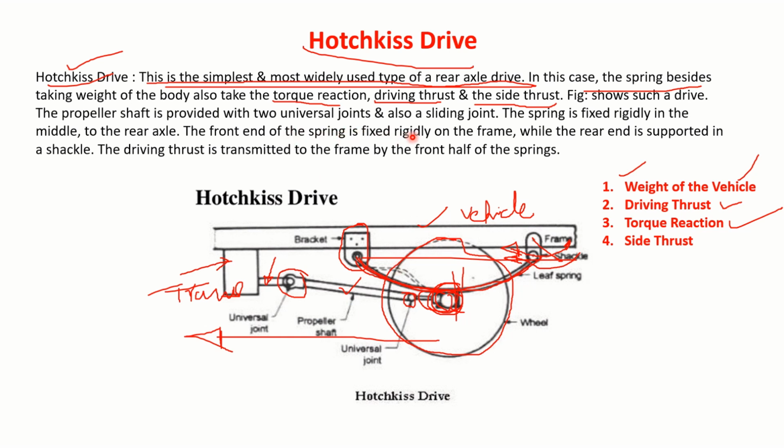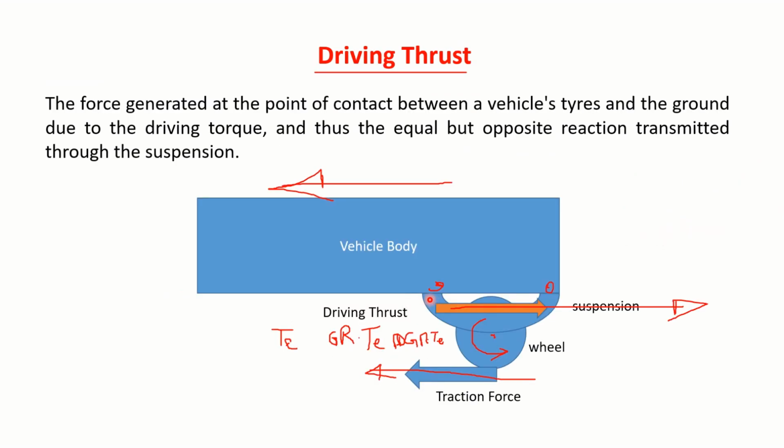The front end of the spring is fixed rigidly on the frame, while the rear end is supported in the shackle, and drive thrust is transmitted to the frame by the front half of the springs. Okay, so this is what we call it as a Hotchkiss drive. That's how the motion is transmitted from the transmission or gearbox to the rear wheel.